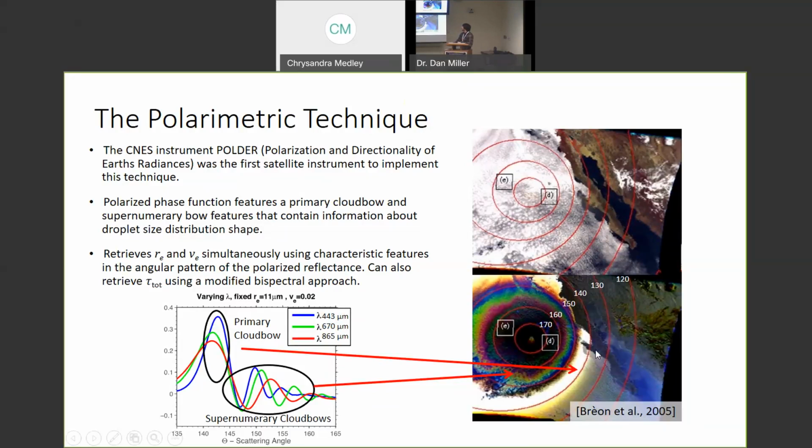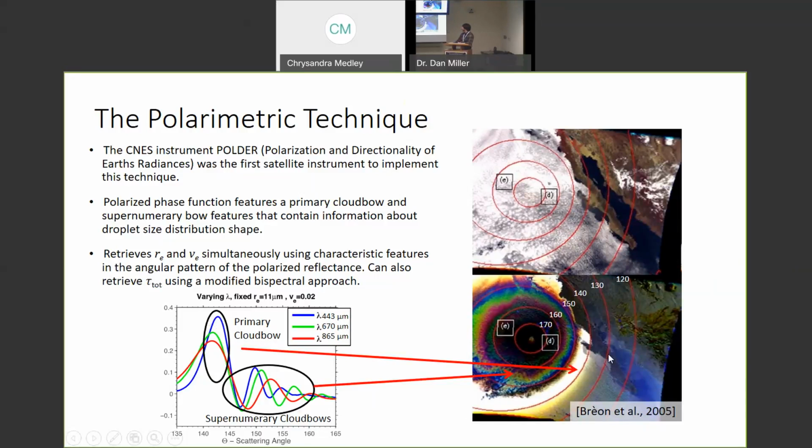But if you go to the polarized reflectance that they're also measuring from this instrument, and you look at side scattering all the way up into back scattering, you can see there's a lot of spectral variability in the cloud signal. That's because right here you have a primary cloud bow, which is sort of spectrally neutral, kind of reddish, bluish, depending on what droplet size you have. That'll kind of change.